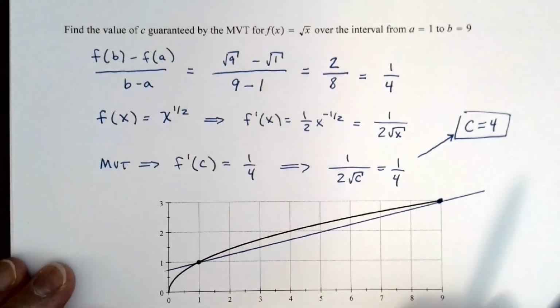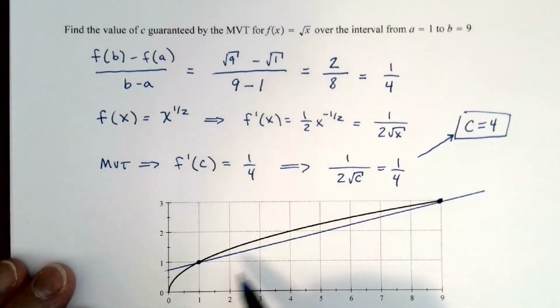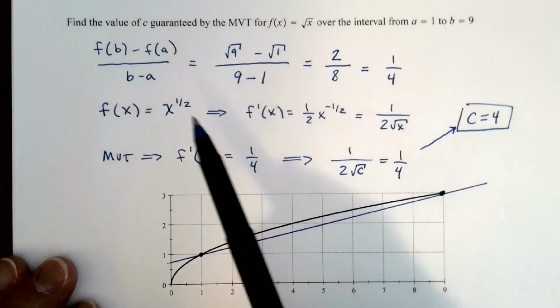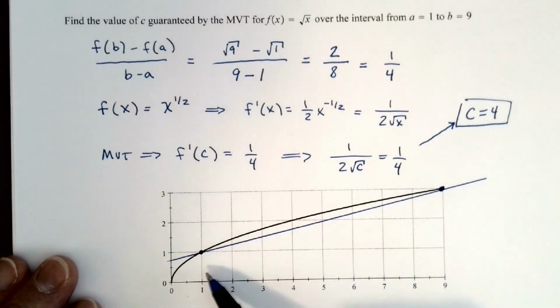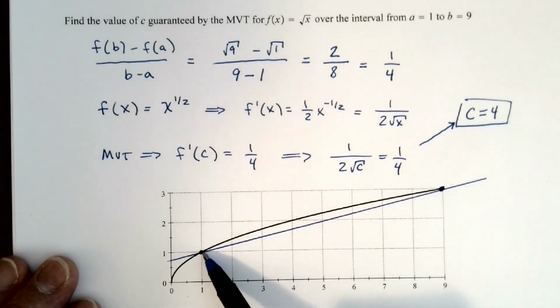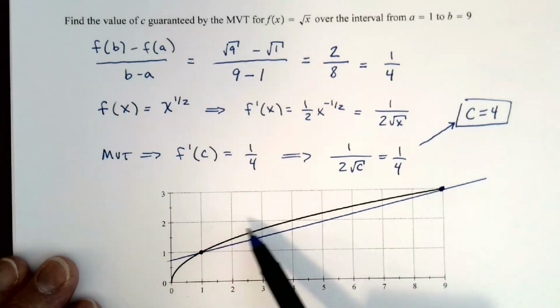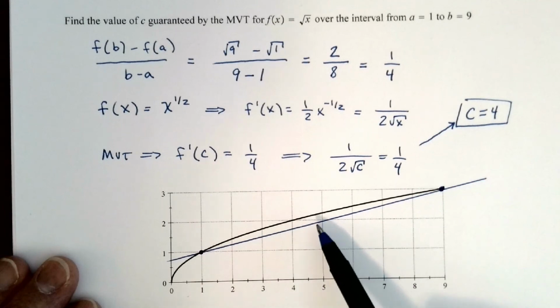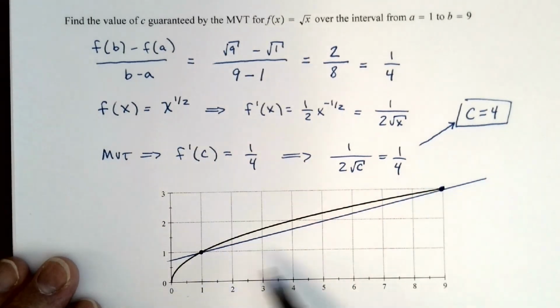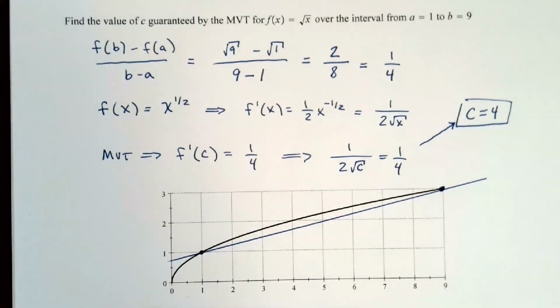There's the line, the slope of which is what? 1/4. That's the average rate of change of the function from the interval from 1 to 9. And just confirm that if I go from one point to another, notice I'm going up 1 and over 1, 2, 3, 4. So that's the slope, it looks like, of this line.